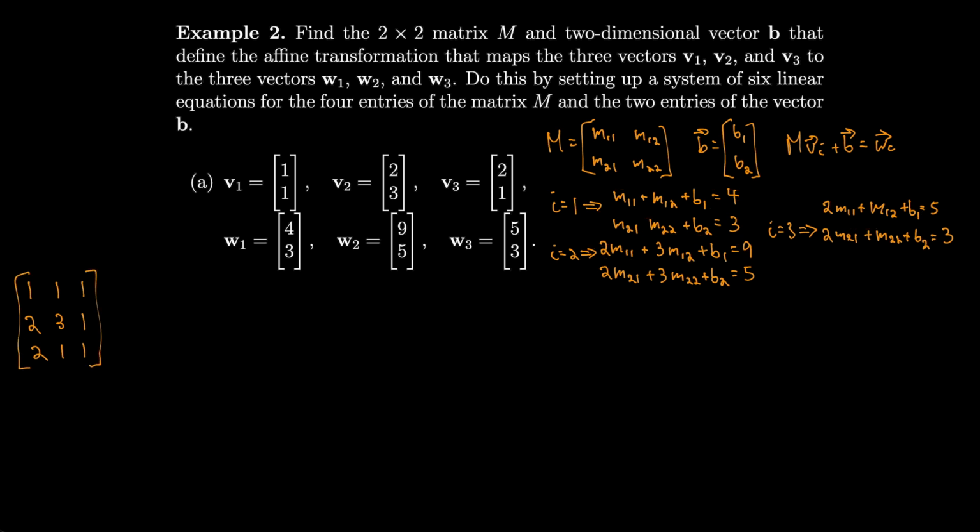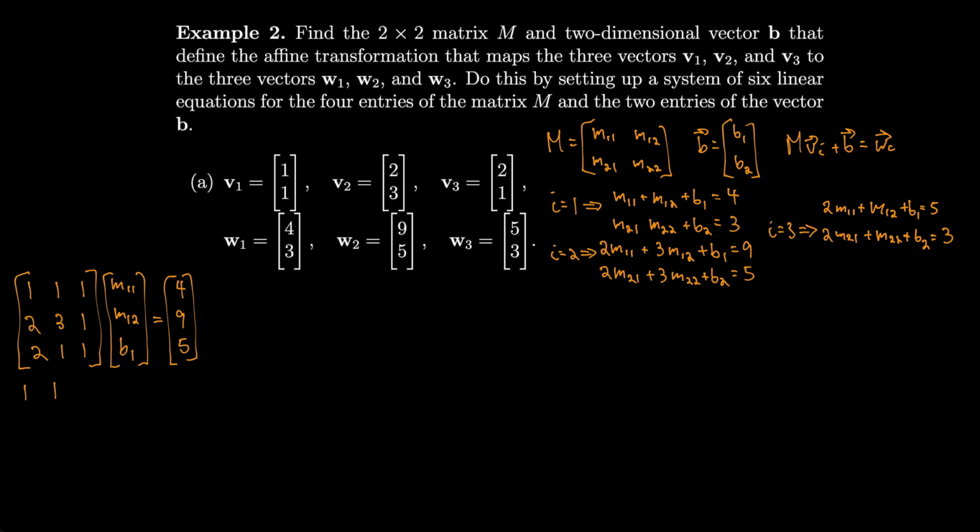Okay, so that'll give me M11, M12, and B1 if I set it equal to 4, 9, and 5. And then for M21, M22, and B2, we'll take the second rows.